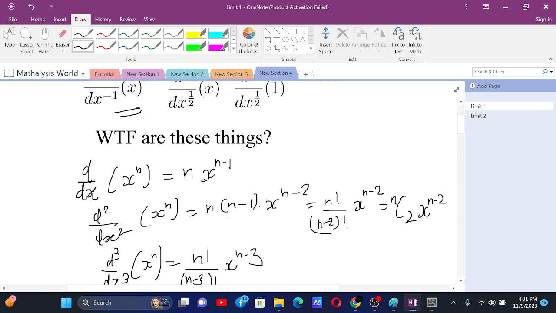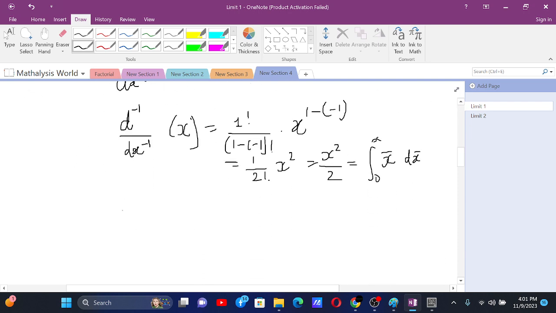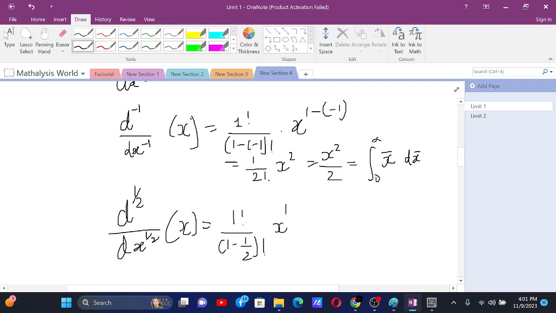Now let's get to the other one, d^(1/2) by dx^(1/2) of x. So this is 1 factorial by (1 minus half) factorial times x to the power 1 minus half.